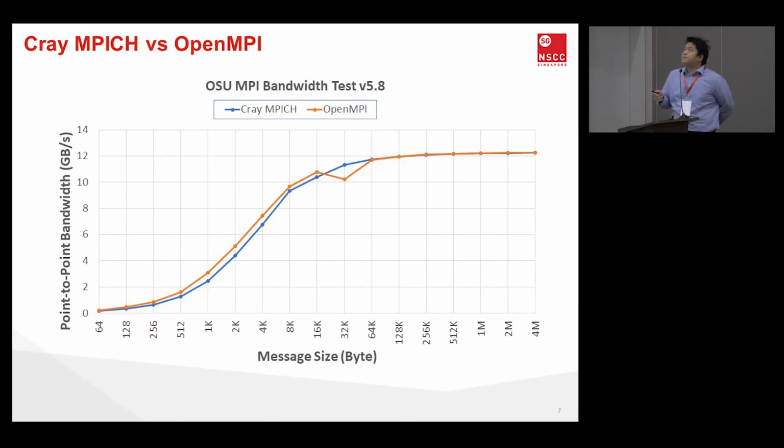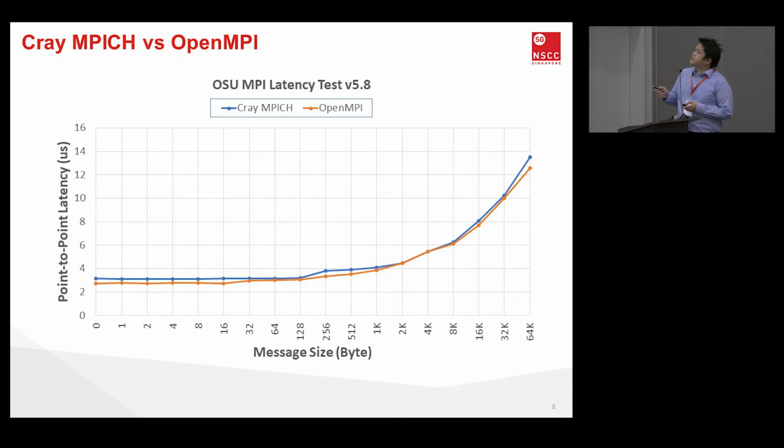Okay, so this is on the topic of MPI. This is the OSU benchmark done by Shin Yee. So he compared the performance of Cray MPICH versus Open MPI, which some of you might use. In this slide, I think the performance is rather similar. And the point-to-point latency versus the message size is also quite similar.